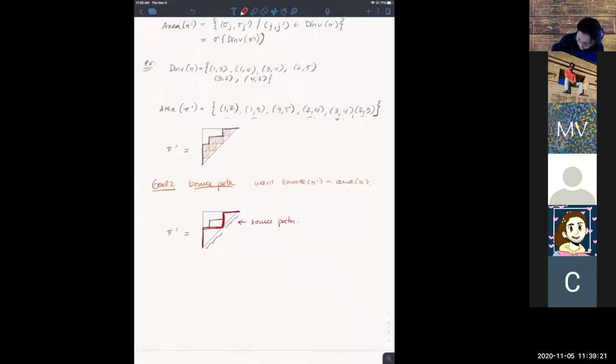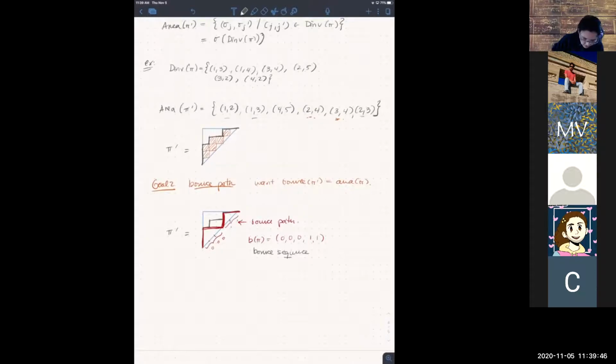So here, we're going to denote this. This is 3 spots. So this is 0, 0, 0. This is 1, 1, because we have 2 blocks. So that the bounce sequence, B of pi, is going to be 0, 0, 0, 1, 1. Right? So this is what we're going to call the bounce sequence.